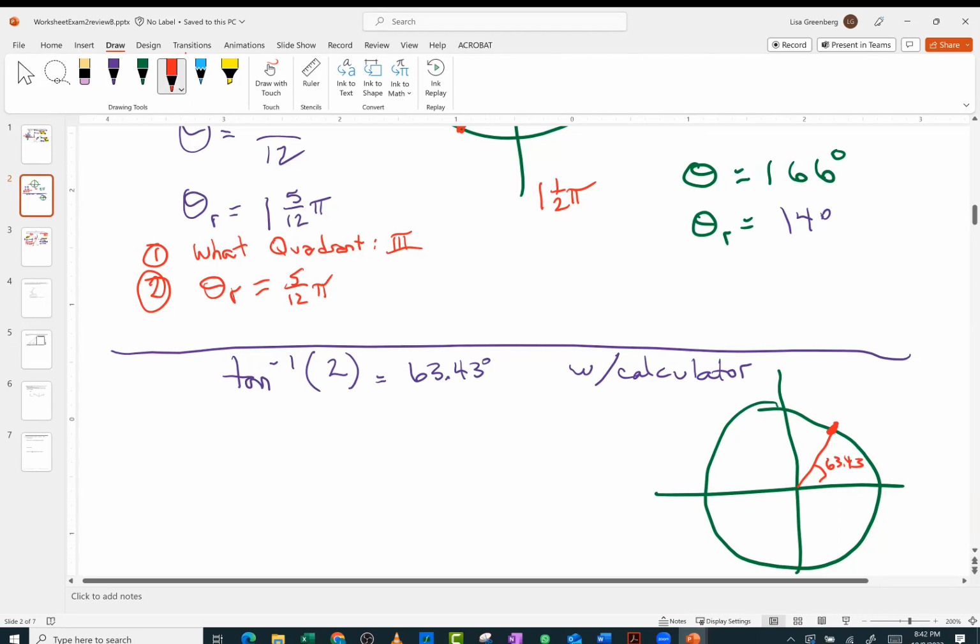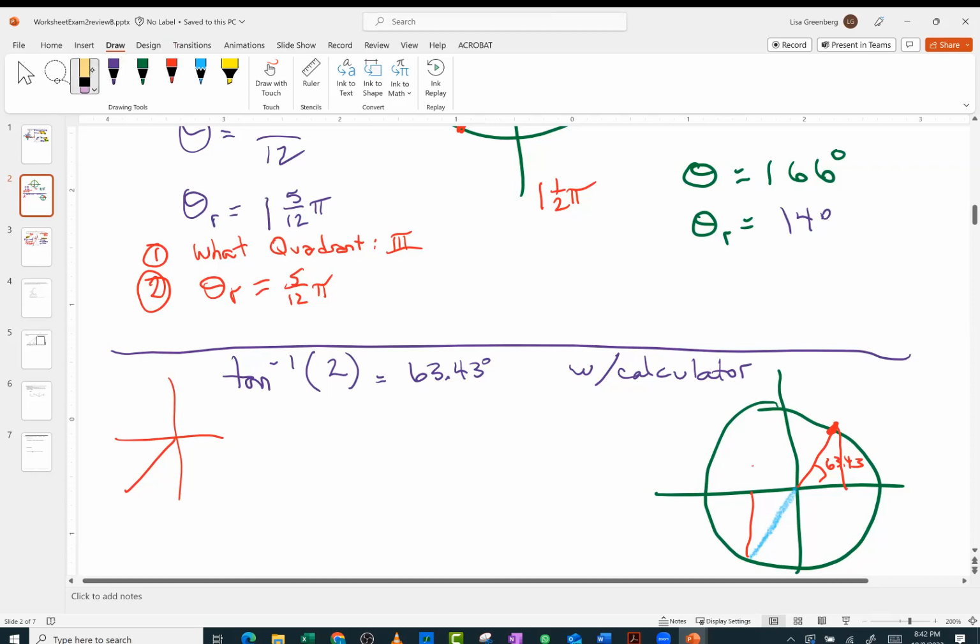But the picture drew it in quadrant 3, right? This is where the picture drew it. If I have a triangle that looks like this, and I flip it over the y-axis, and then I flip it over the x-axis, it's going to look like this.